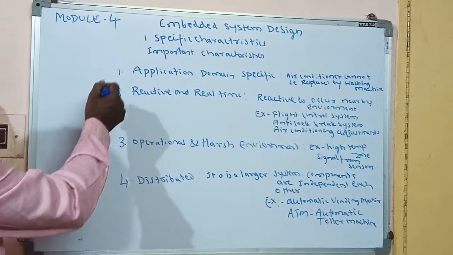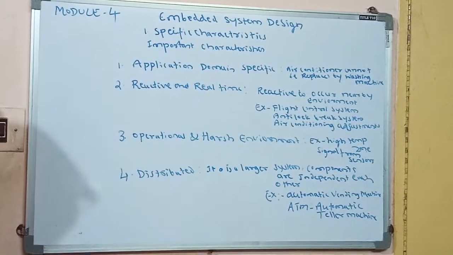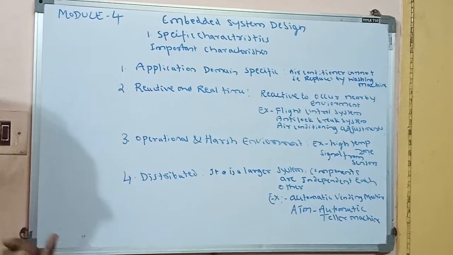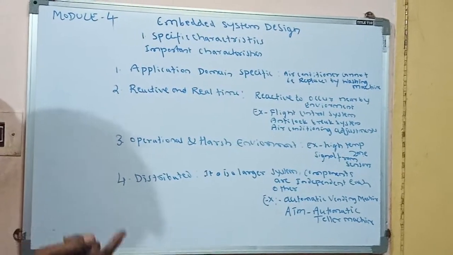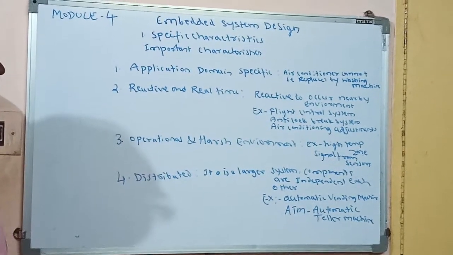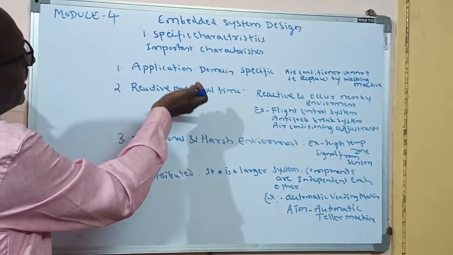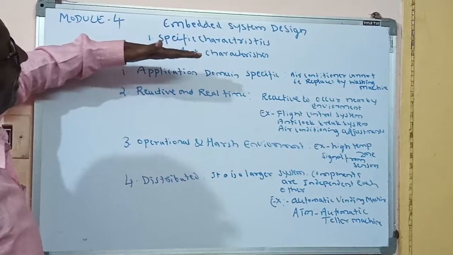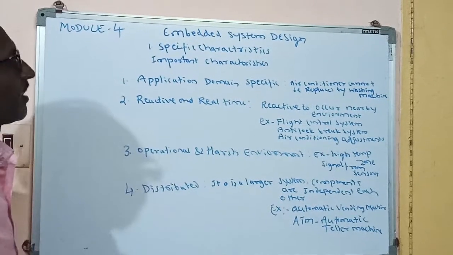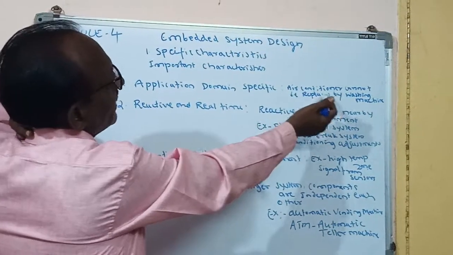The very first characteristic of embedded system design is application domain specific. What is an application domain? There are several types of applications. Sometimes system level applications are there, and sometimes electronic goods and home appliances. So many applications are available. Any software and hardware we design is based on the nature of the device. For example, take an air conditioner.